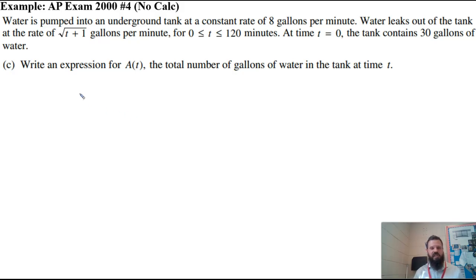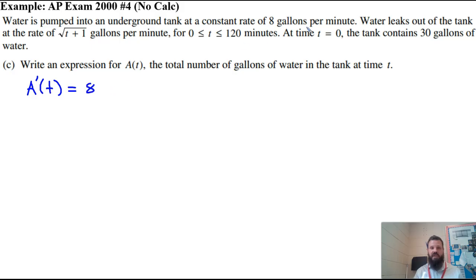All right, trick with this one is we don't know anything about A of T besides the initial condition. We do know something about A prime of T. The rate at which the amount of water is changing, well, that's just going to be equal to the rate in minus the rate out.